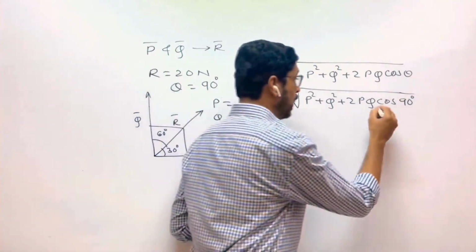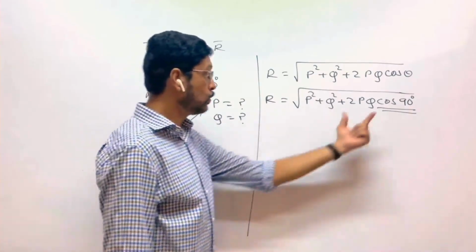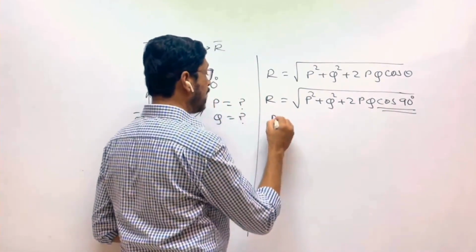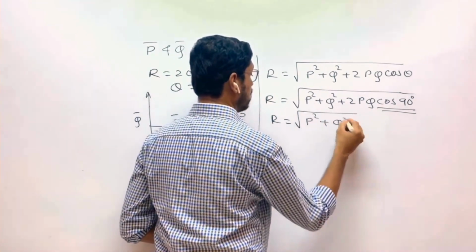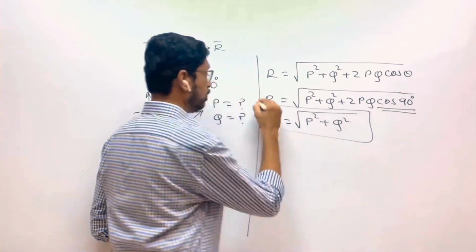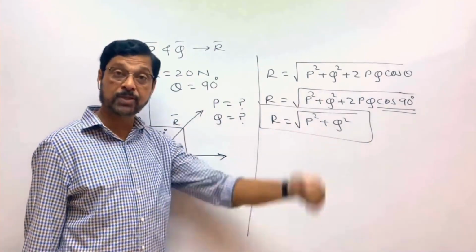And what is the value of cos 90? It is 0. So this will become 0. Means R is equal to under root P square plus Q square.